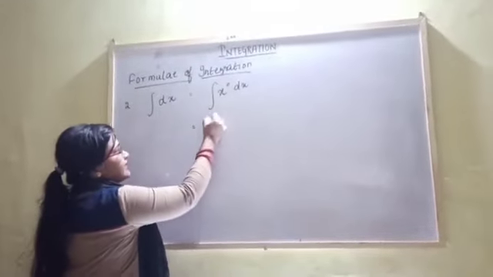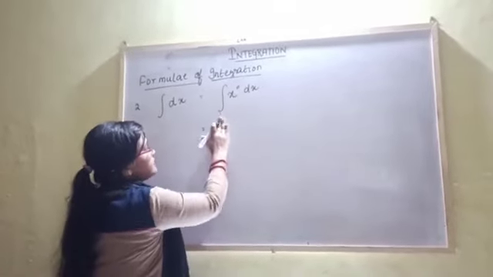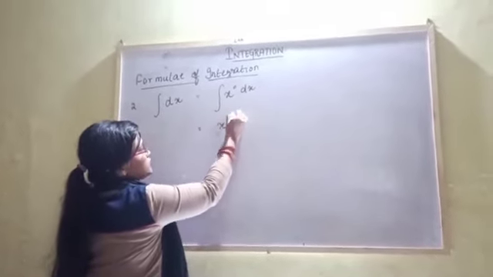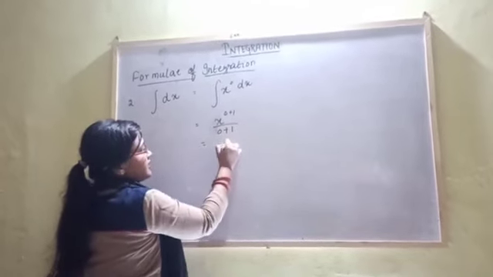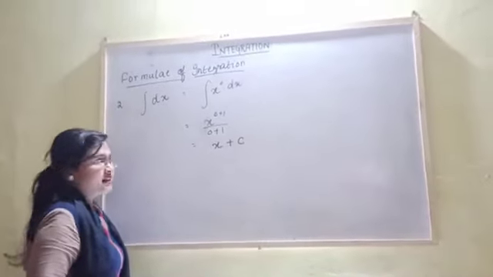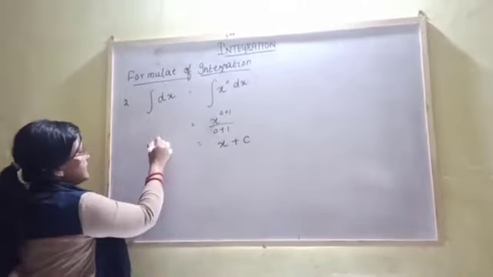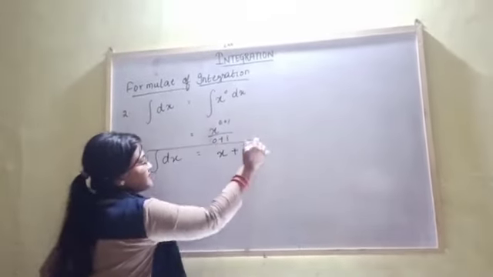So using the first formula, we can write it as x to the power 0 plus 1 by 0 plus 1, equals x plus c. So we got the integration of dx is x plus c.